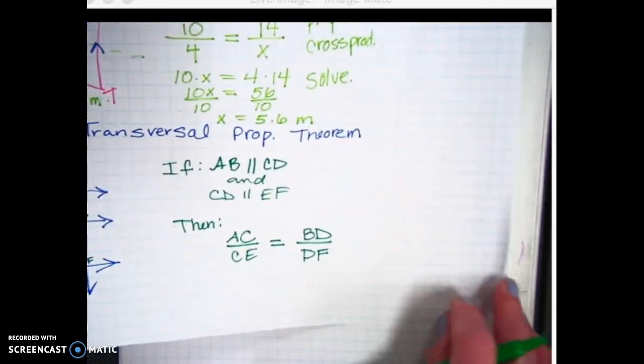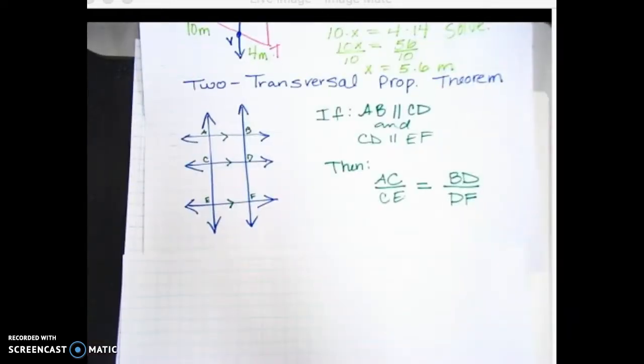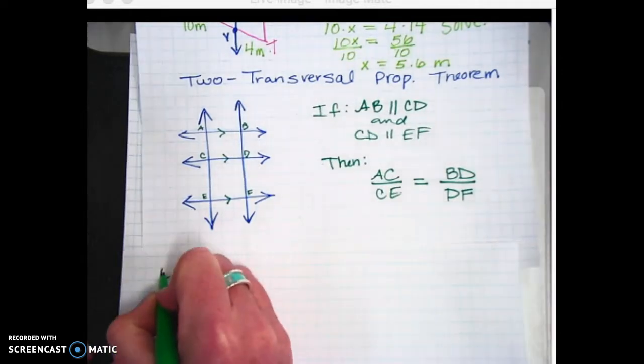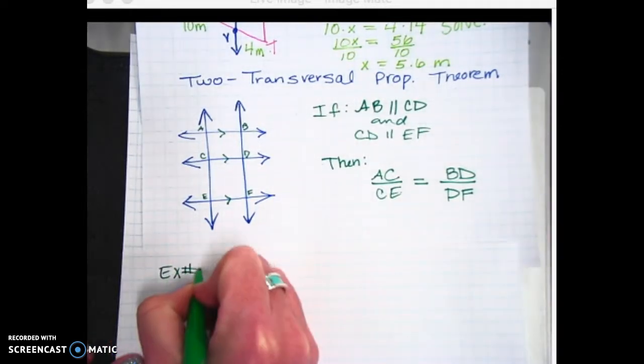So let's look at one with just lines. And I'm going to draw it crooked so you can see it set at an angle.